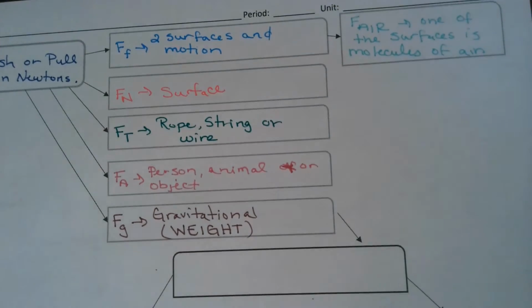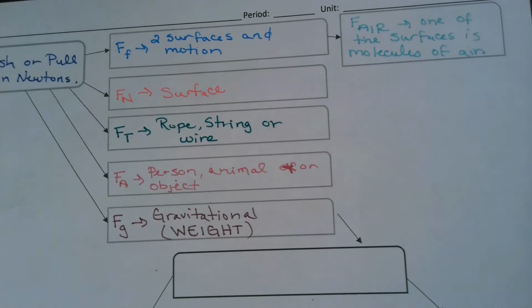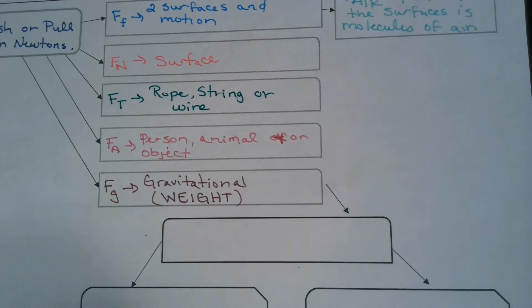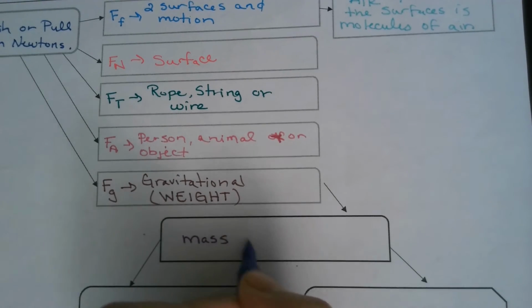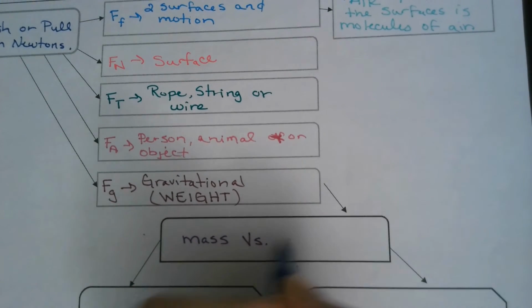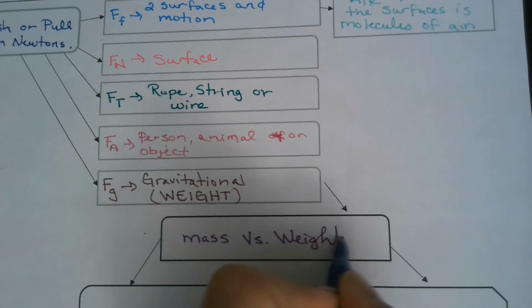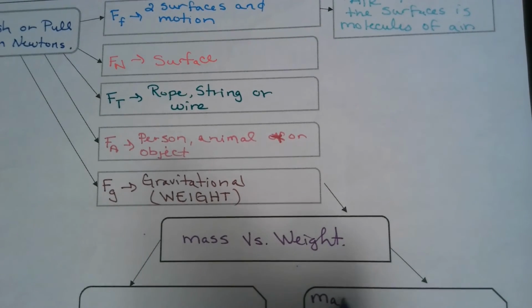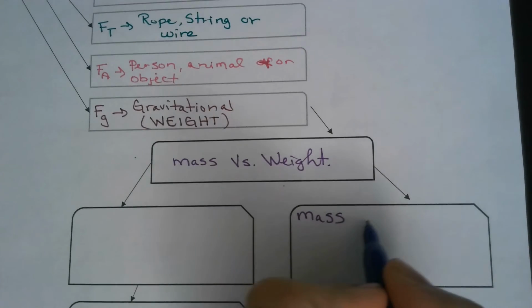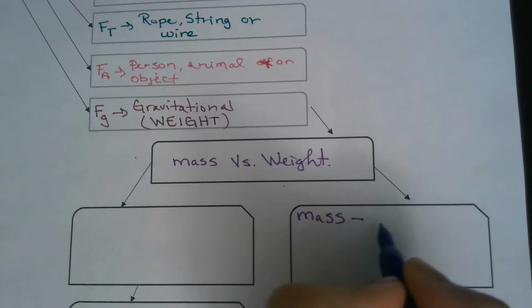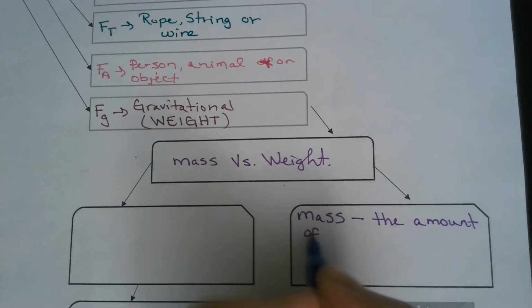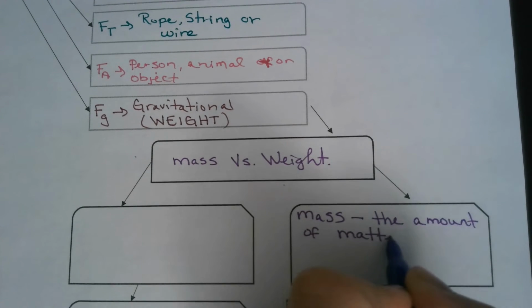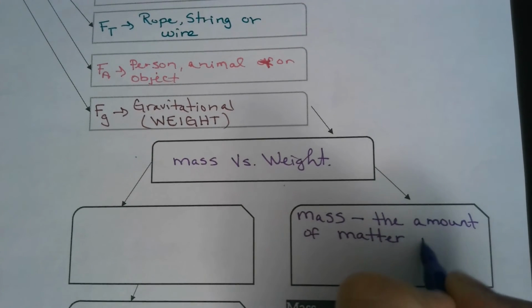So this gets us to the difference between mass and force. Not mass versus force, mass versus weight. Mass is the amount of matter making up an object.